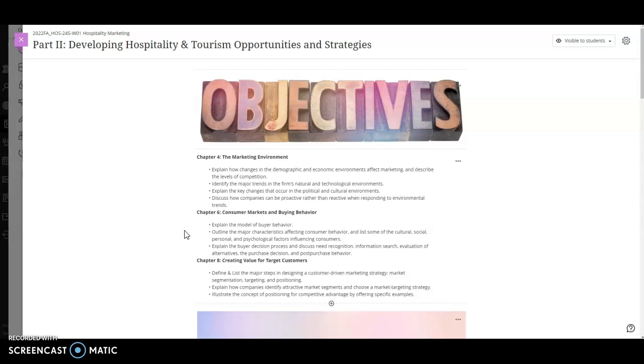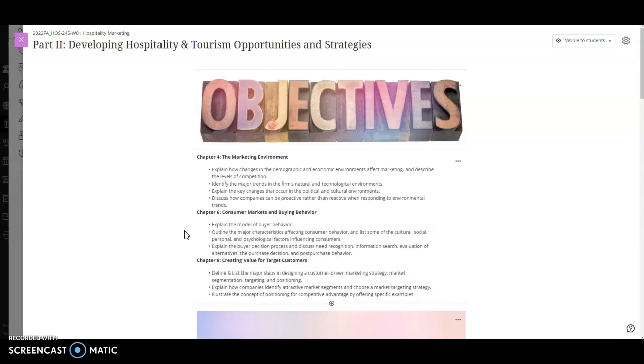We also want to see the major characteristics that affect our consumers' behavior, okay, because that's how we're going to impact them, the cultural, social, personal, and psychological factors that influence our consumer, and then be able to explain and understand the decision process and the need that our consumers have and how really smart our customer is.